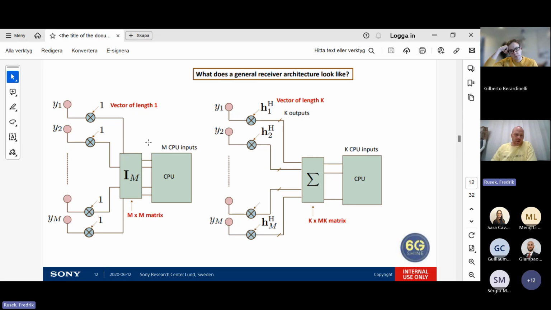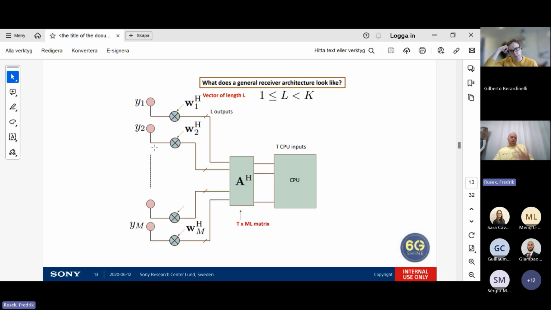They have different parameter sizes and different matrices, but they look almost the same. In general, if I would like to have L outputs from each antenna, I will multiply by a vector having length L.